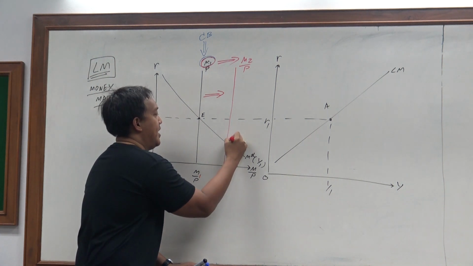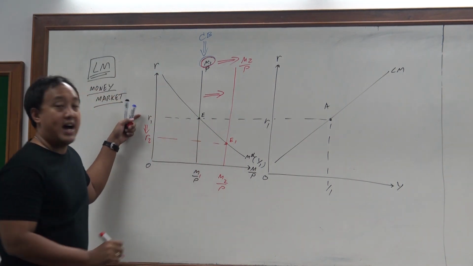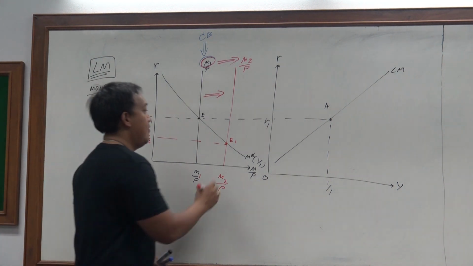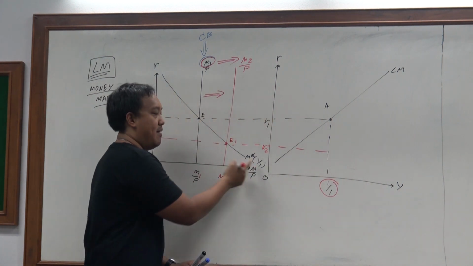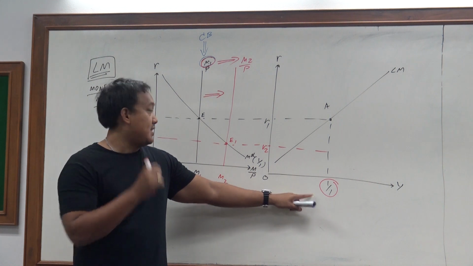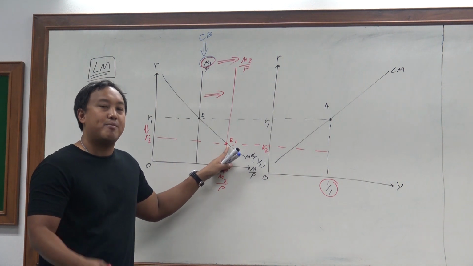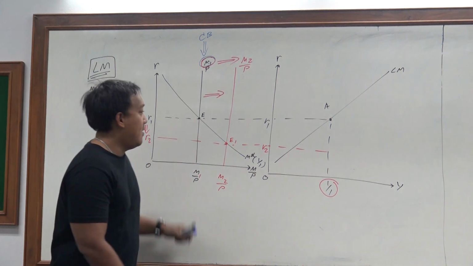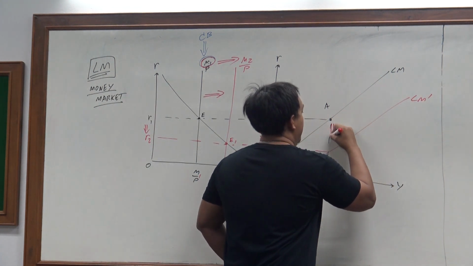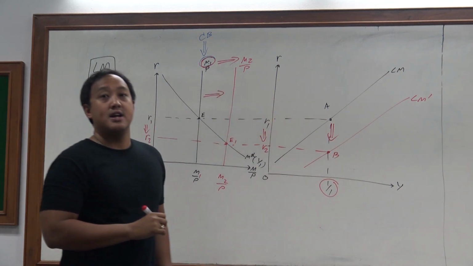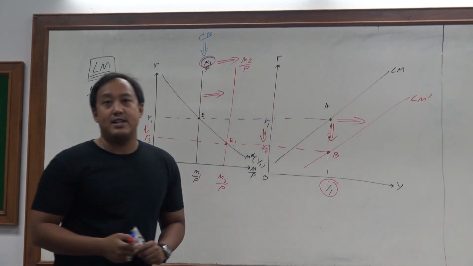Then the equilibrium point changes and the real interest rate drops from R1 to R2. Linking to the other side, R2, with Y still the same and money demand still the same, the equilibrium changes because the central bank injected more money. The real interest rate drops from R1 to R2, so the whole curve shifts down from A to B. On the horizontal, you see it as a shift to the right.